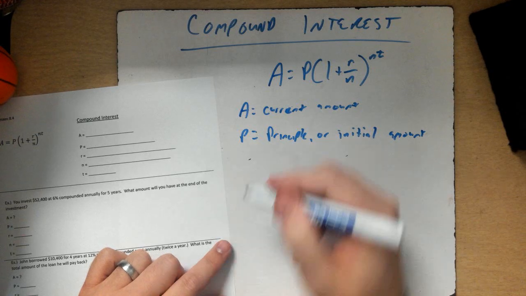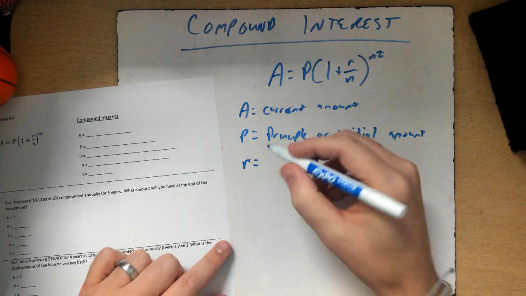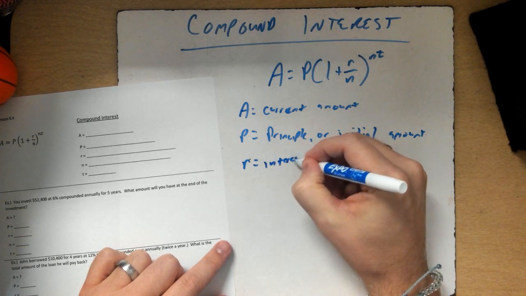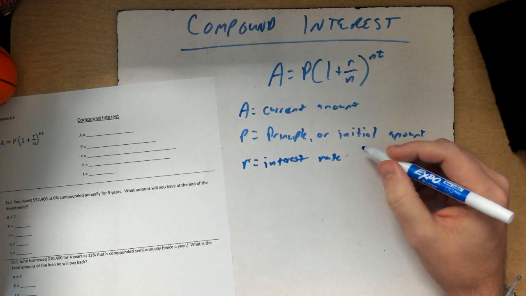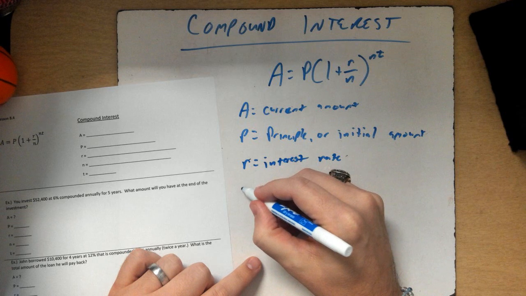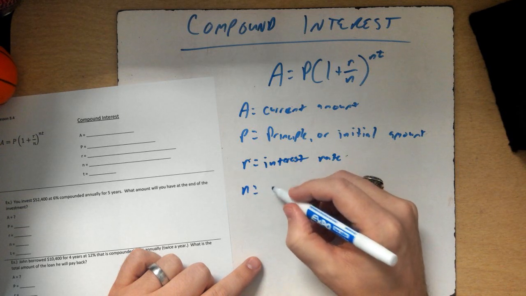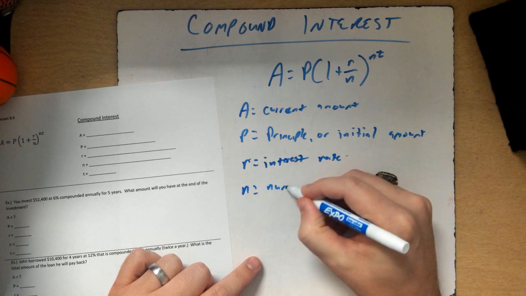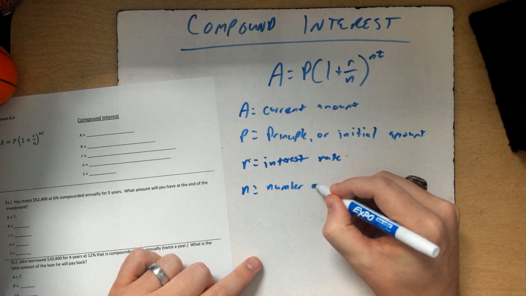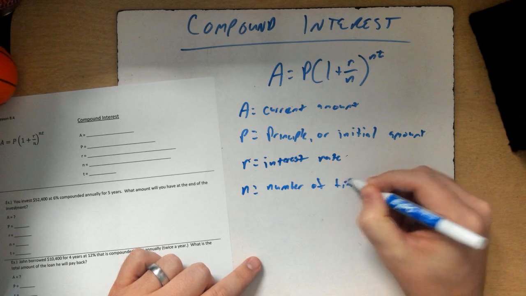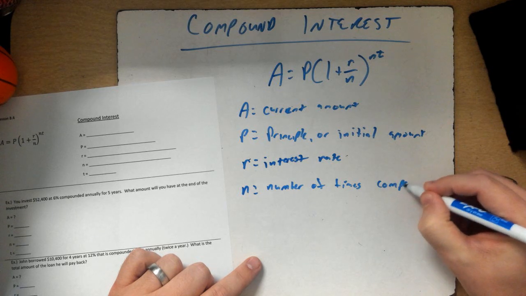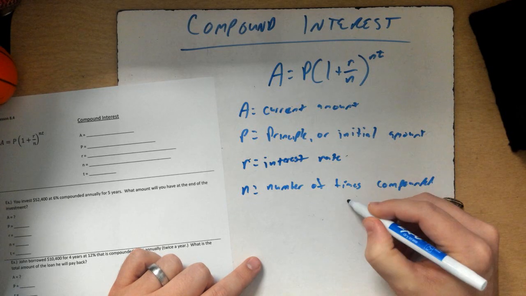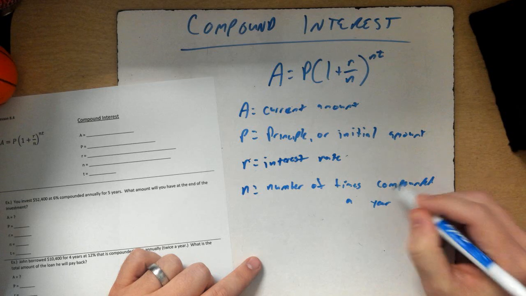The R is our interest rate. And then our N is our number of times compounded a year, and I'll go over that in a second.